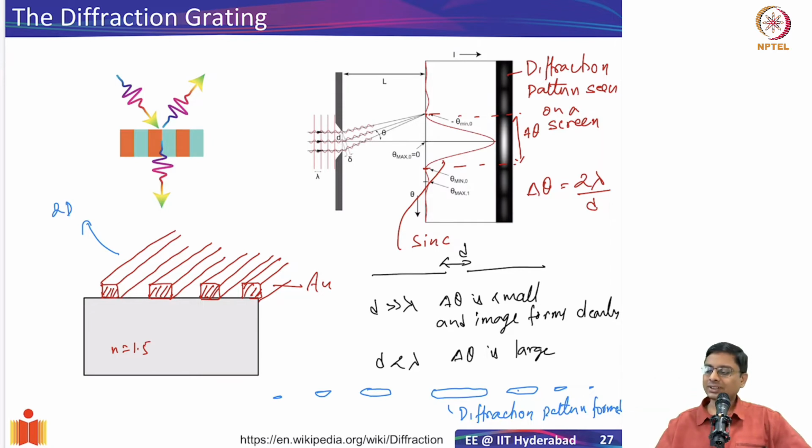It's not a photonic crystal in that sense, but just a 1D variation in this direction, infinite along this direction, and in the Z direction just one layer. I would not really call it a 2D photonic crystal, but we will come to 2D photonic crystals in the next lecture. For now, this is the diffraction grating consisting of parallel wires, let's say of gold.